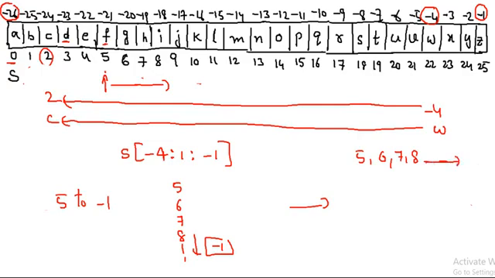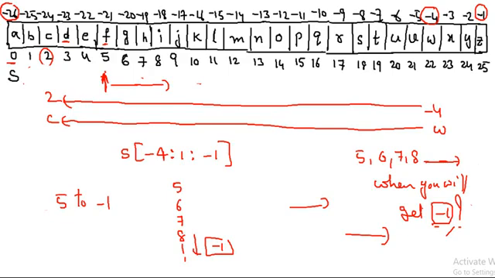But when you get minus 1, you have to stop at minus 1. If you go in the positive direction by adding 1 to the index each time, you will never reach minus 1. So from index 5 to minus 1 is not possible.